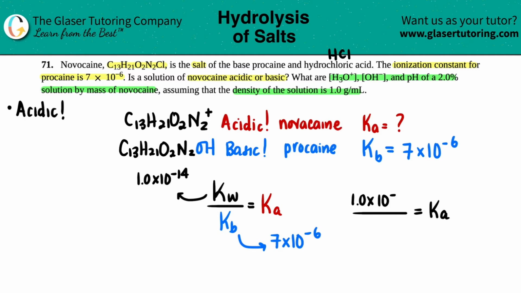1.0 times 10 to the negative 14th divided by 7 times 10 to the negative 6th. Calc keys out. So 1 times 10 to the negative 14th divided by 7 times 10 to the negative 6th. And I guess a couple of sig figs here.